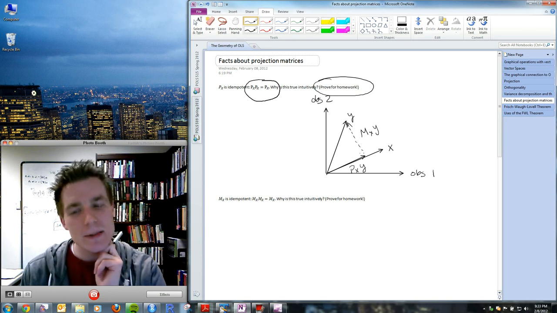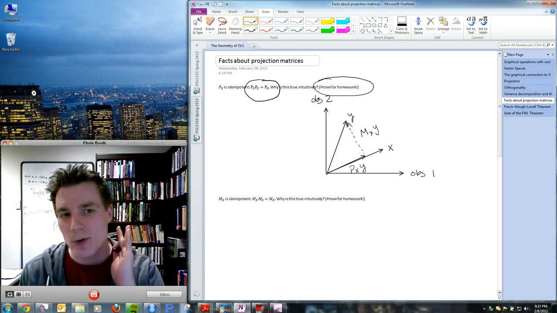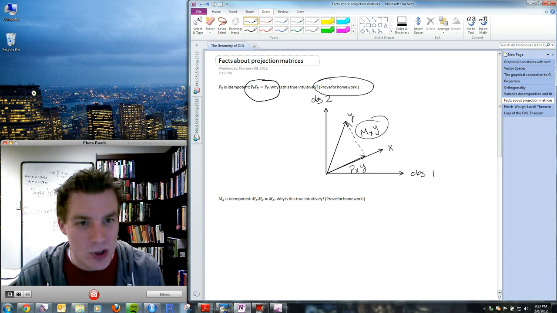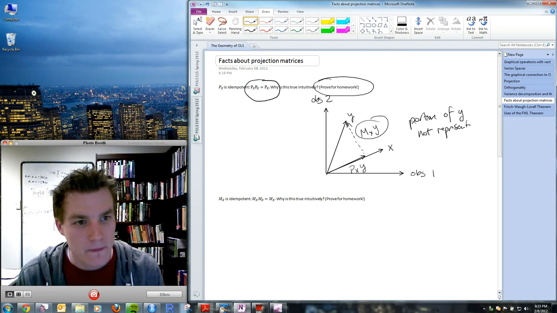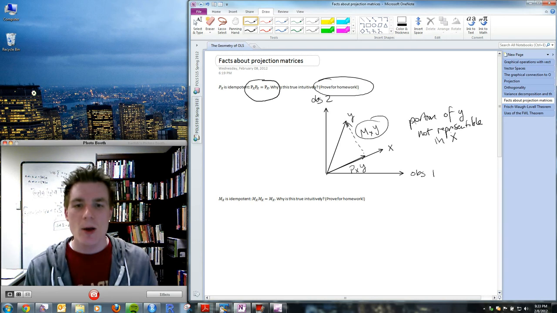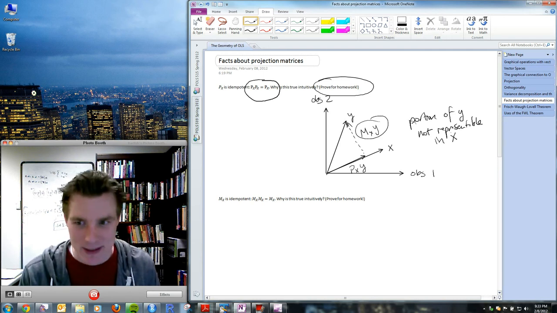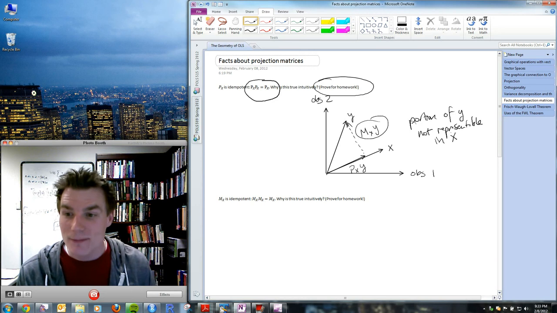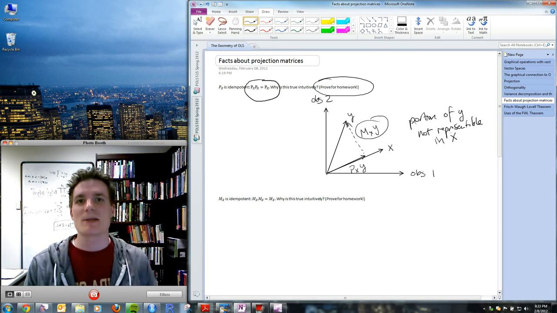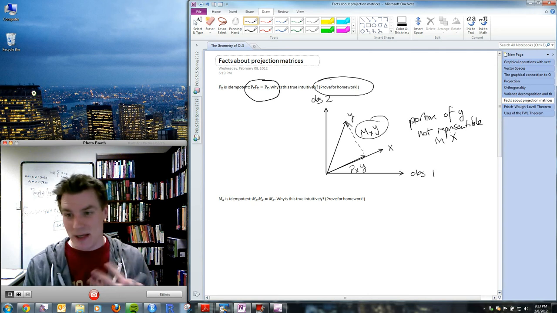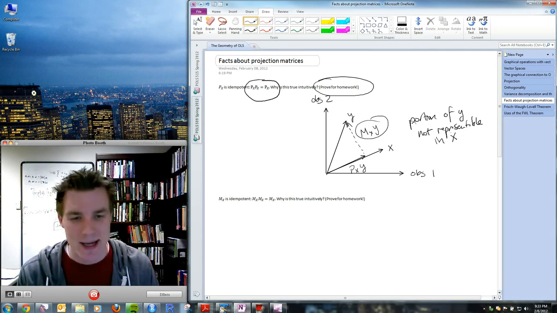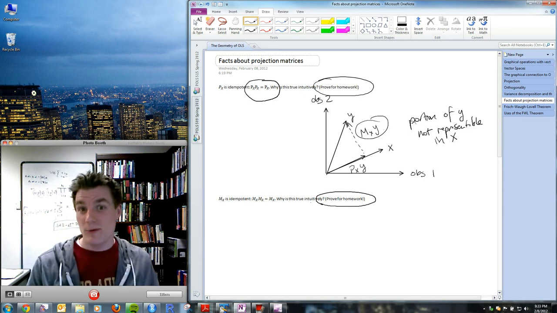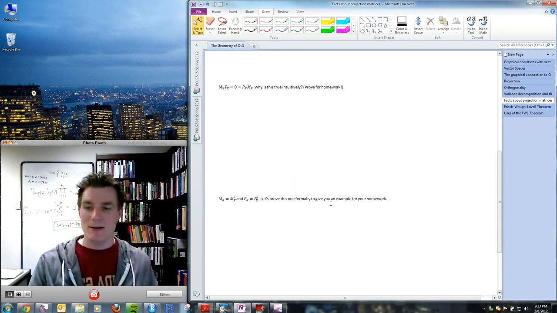But you're asking what component is left, or is not representable in x, of some vector y. So this is the portion of y not representable in x. And then we're asking what portion of that is not representable in x? Well, the answer has to be all of it. So anytime you've multiplied by Mx, doing that again is sort of the inverse of projecting a projection. You're just going to get the same thing back again. But if you don't believe me, we're going to prove that for homework as well, so perhaps you'll get it that way.